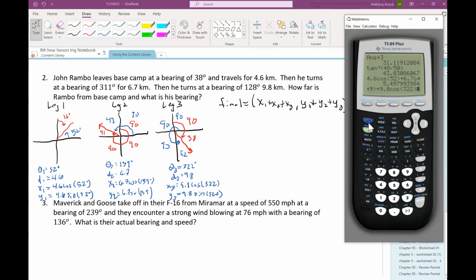And if I do the same thing with the sines then, I get 1.99.